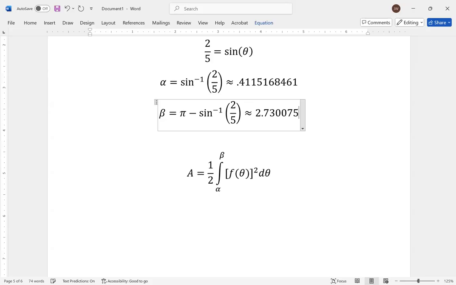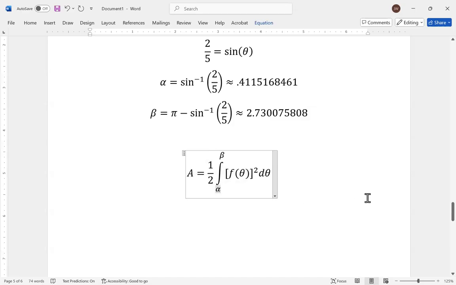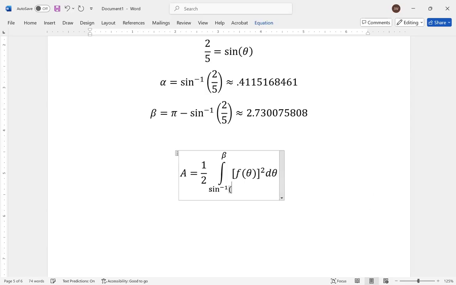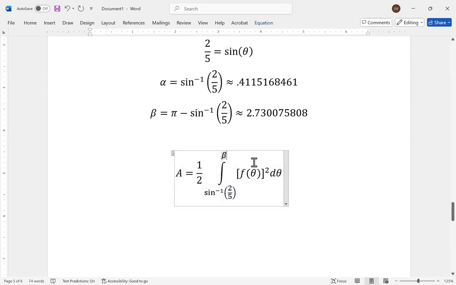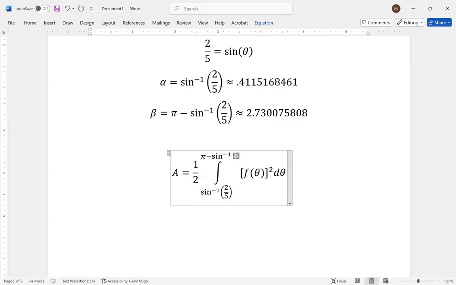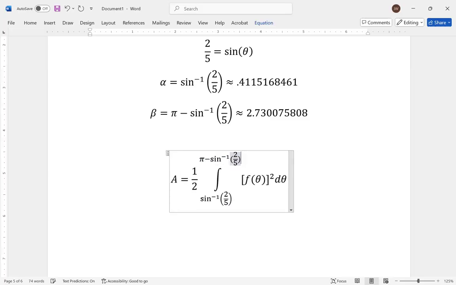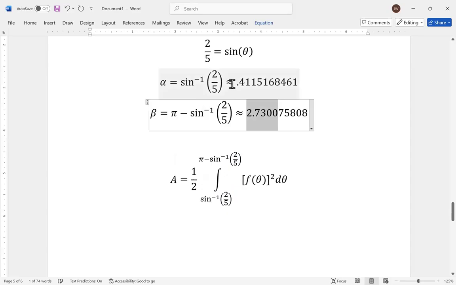But if you are using the decimal version, go out as far as you can. Okay, so alpha starts at the inverse sine of 2/5, and beta ends at pi minus the inverse sine of 2/5.